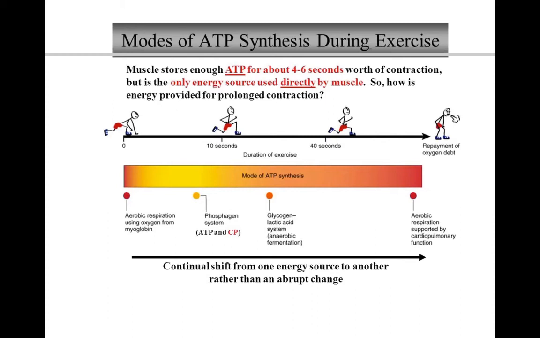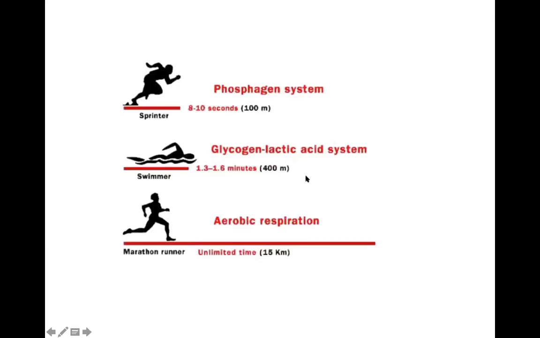I want you to understand that this is a continuous process, true, but you can see these are all examples of how the phosphagen system works initially for the sprinters. For swimmers, the glycogen-lactic acid system, which is the glycolysis process, helps. And for marathon runners, absolutely, you need aerobic respiration to work effectively.